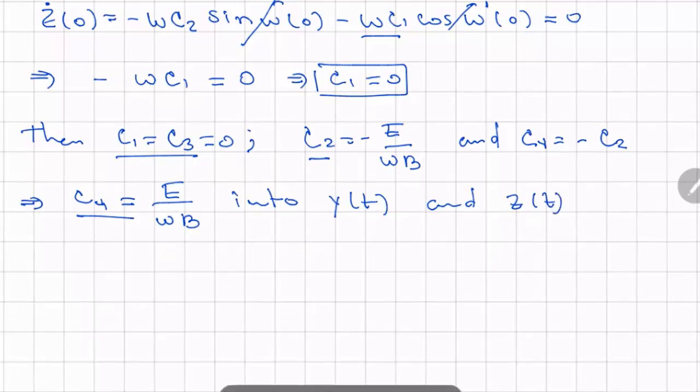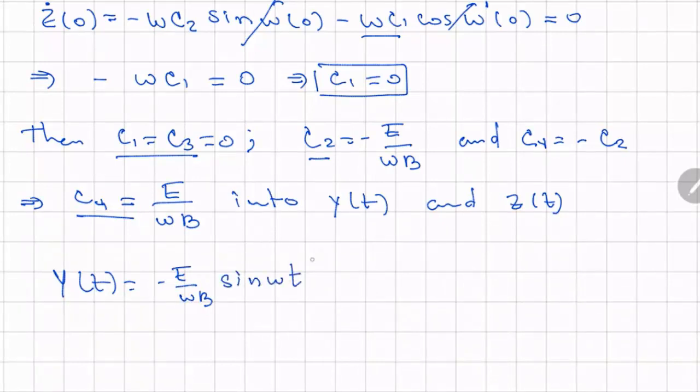Alright, so let's do that. y of t is equal to minus E dividing wB sine of wt plus E dividing B multiplying t.